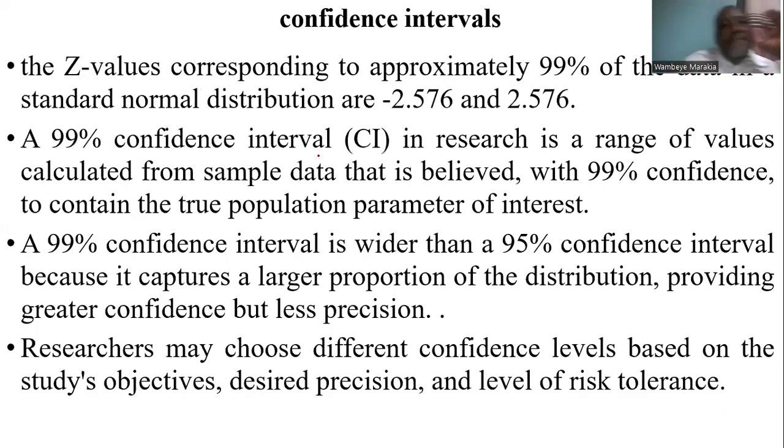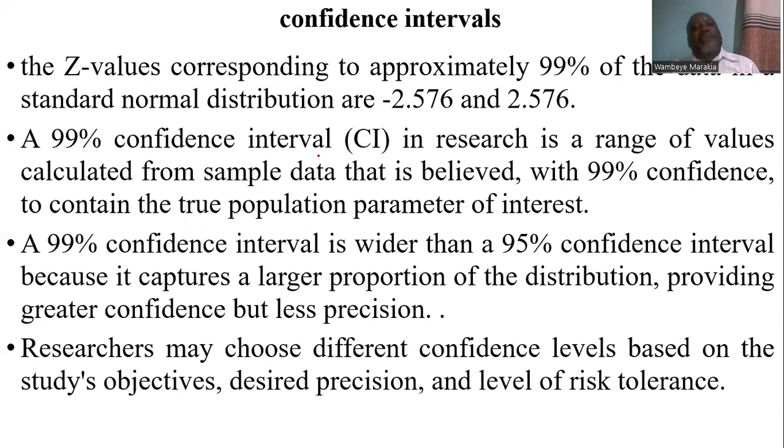The Z value corresponding to 99% of data in a standard normal distribution is negative 2.576 and positive 2.576. A 99% confidence interval in research is a range of values calculated from a sample that is believed, with 99% confidence, to contain the true population parameter of interest.